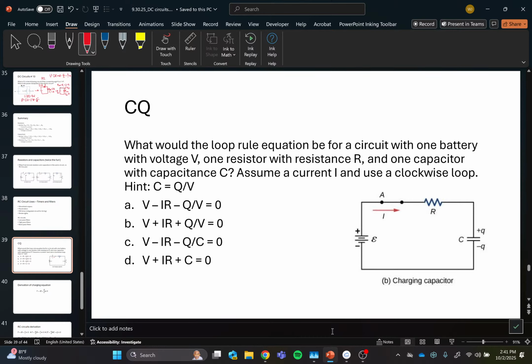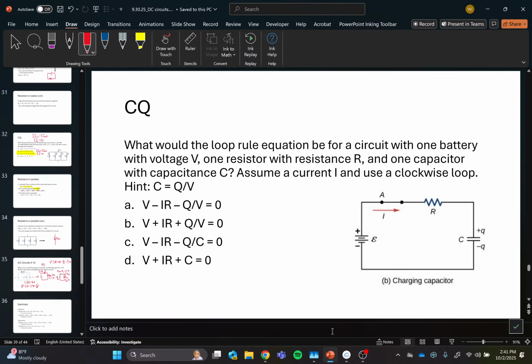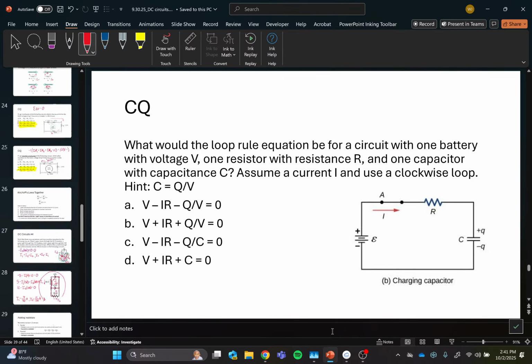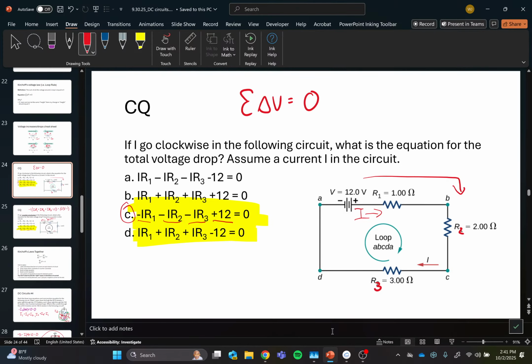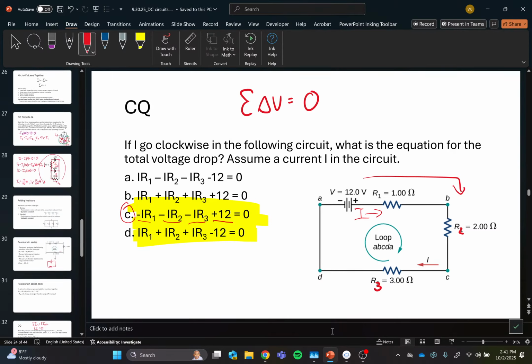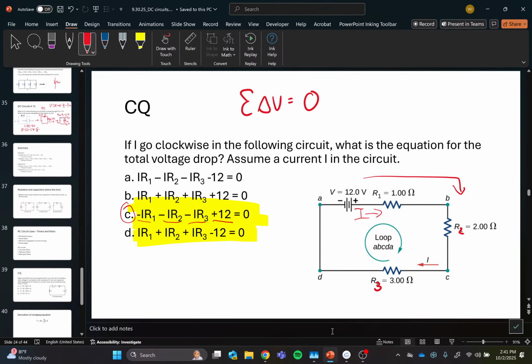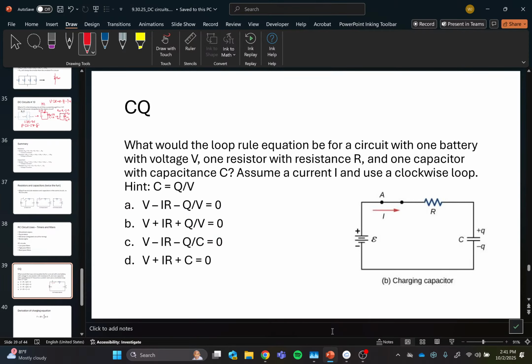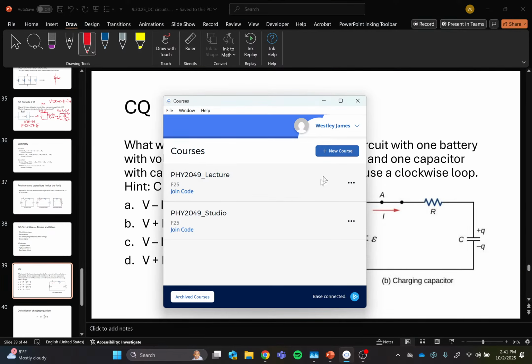If you're confused how to do this, this is the same process that we did last class with these circuits. It's the same thing I'm having you do. Just replace one of these resistors with a capacitor. So if you're unsure how to do that, this is a great reference. Try it out. Build the equation. And I'm going to sling it to y'all to answer.